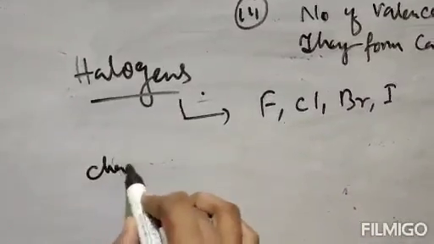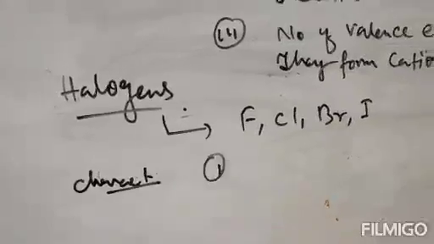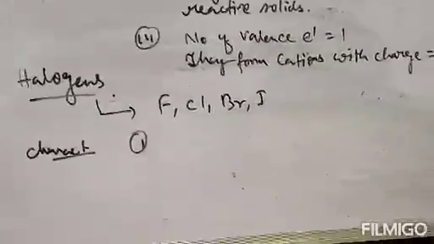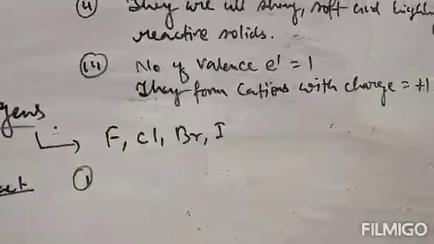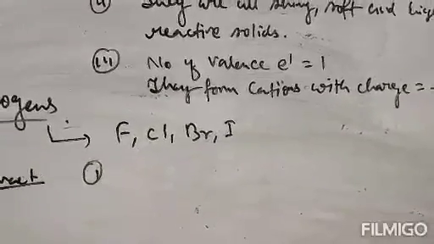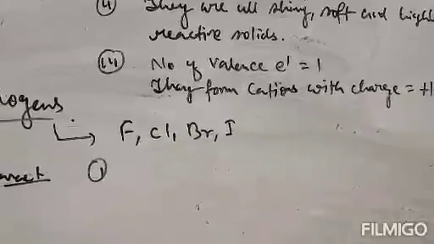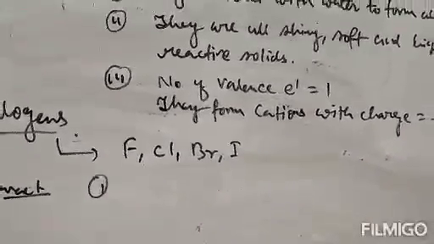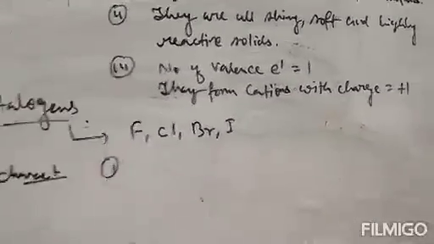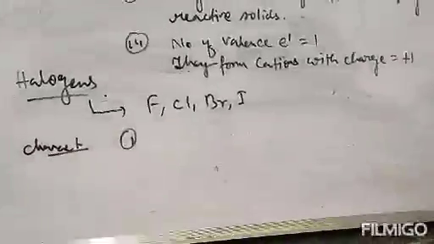Characteristics. Number 1 characteristic is that they all produce a wide range of salts: fluorine, chlorine, bromine, iodine. All these halogens are also called halo elements. When they react with metals, they all produce a wide range of salts.